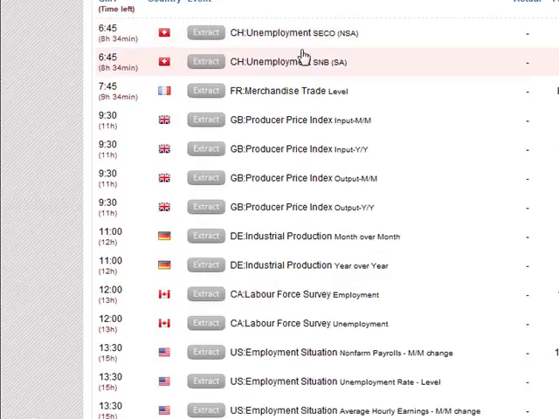So we've got the China unemployment information, we've got PPI inflation on the pound, we've got the Canadian labor information, what's going on as far as unemployment rate and the employment change, and then in the States we also have more information about jobs and employment.